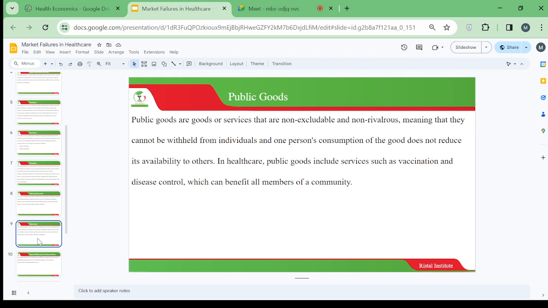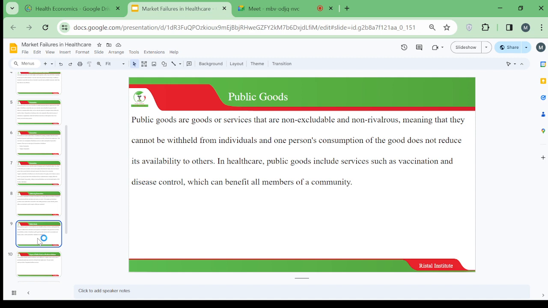The fourth factor was what we call the public goods. When we talk about public goods, we are referring to non-excludable and non-rivalrous goods. I will explain those two terms.